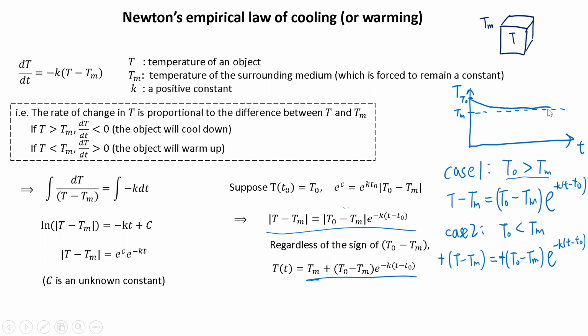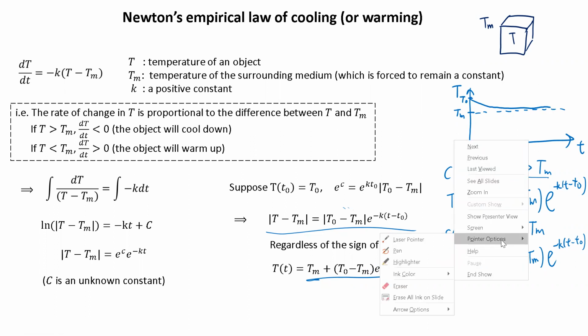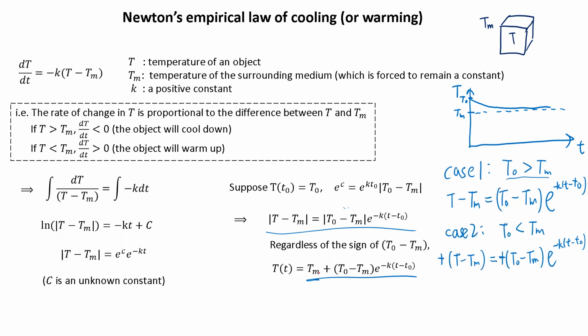Then for case two, if I have T naught smaller than Tm, that means initially the temperature is somewhere here, and this time you have a curve like this. So this is cooling, this is warming.